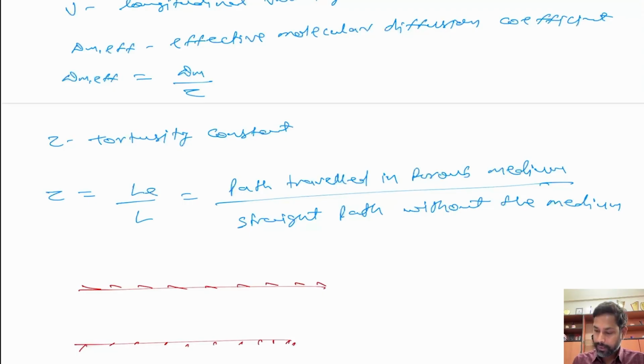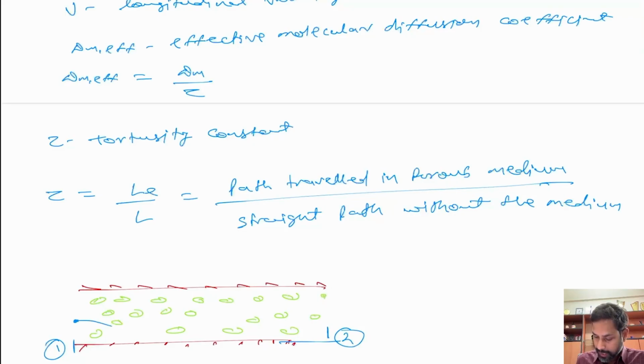Okay, so to understand this, let's consider that this is a porous media we have, right? And these are different porous particles, and now when you have a fluid molecule, when it wants to travel from point 1 to point 2, it will actually go through a certain path like this, right?